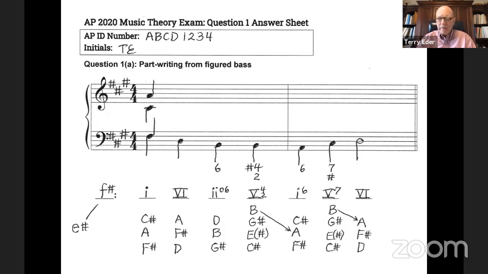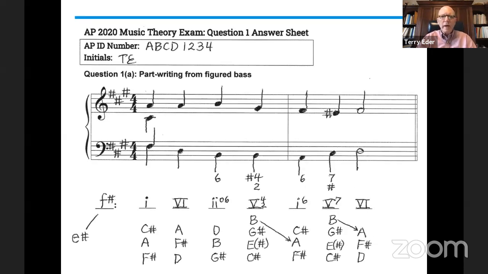And 6 is a major chord in minor keys. All right. So I've got my roadmap down there. And by the way, I use those arrows to remind myself that that B needs to resolve to A in the next chord each time, from the 5/4/2 to the 1/6, as well as from the 5/7 to the 6 major.